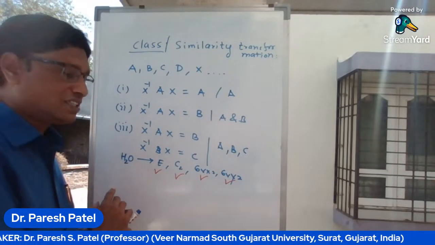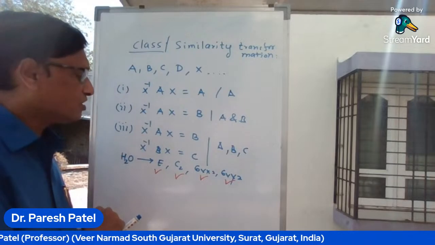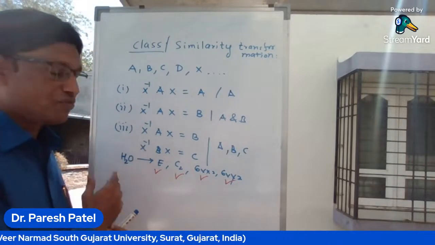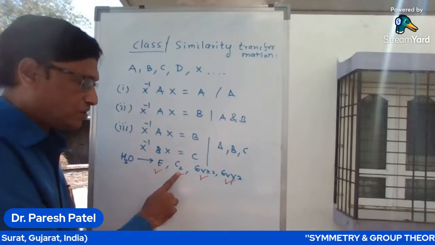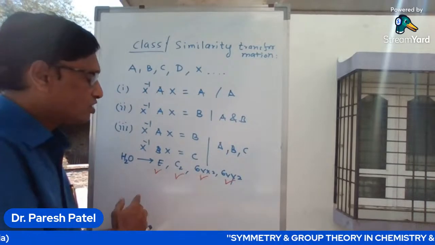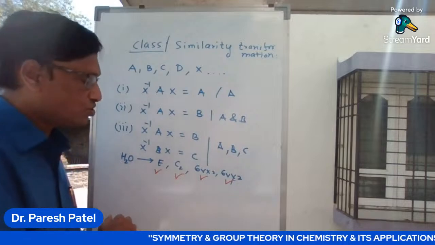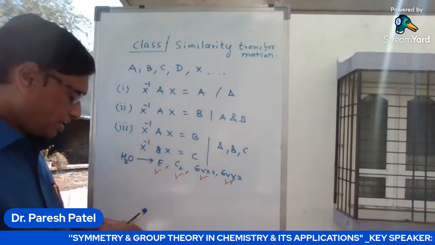So the number of classes is equal to 4 in case of the water molecule, and with the help of this conjugate property we can prove it. So E is conjugate to itself, C2 conjugate to itself, sigma Vxz conjugate to itself, and sigma Vyz conjugate to itself.